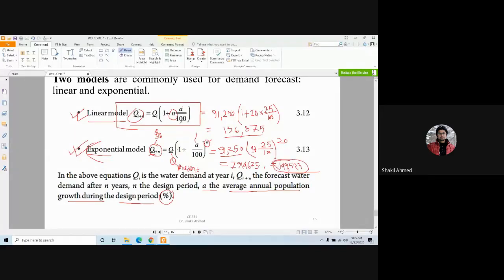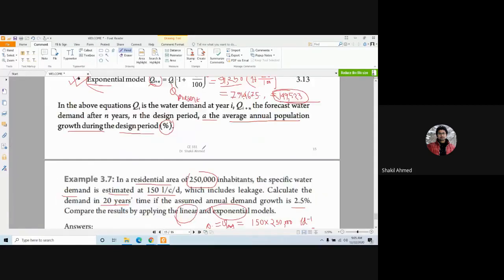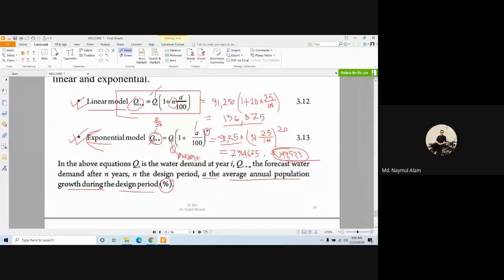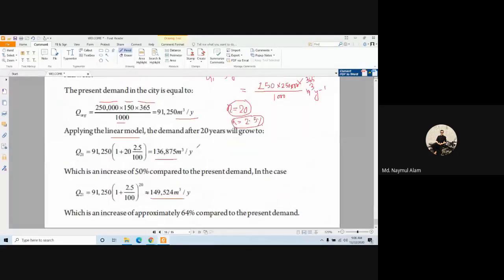And of course, what was the unit of this one, guys? Remember, meter cube per year. Which is approximately 50% compared to the present demand.